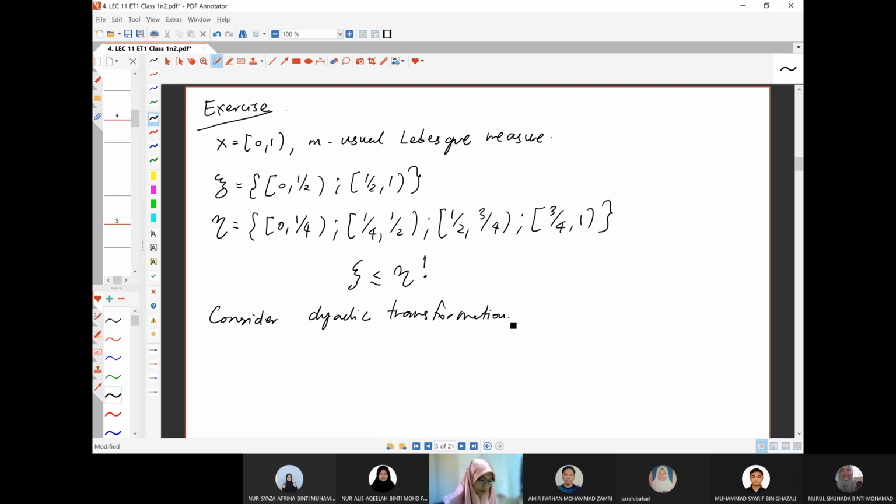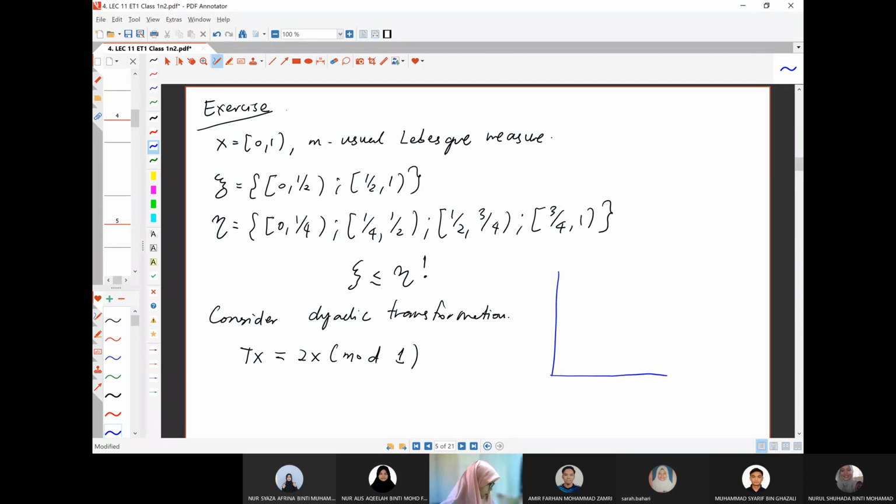Okay, so apa function dyadic transformation? You will have Tx is equals to 2x mod 1. So if you draw the graph, how does this graph look like? So say I have graph, okay.